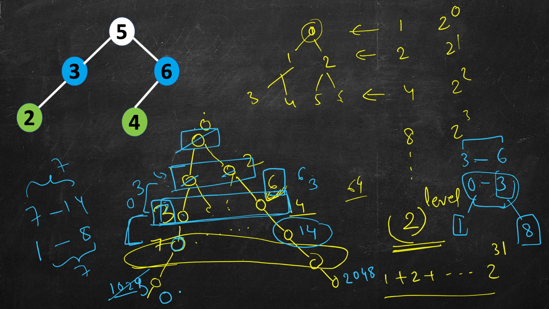So it will become 0, and from here also we will subtract this. So it will be 1025 instead of 2048, and this will be 0 instead of 1024. We do this to prevent the overflow that was happening. We were keeping track of all the previous values, which we don't need to.